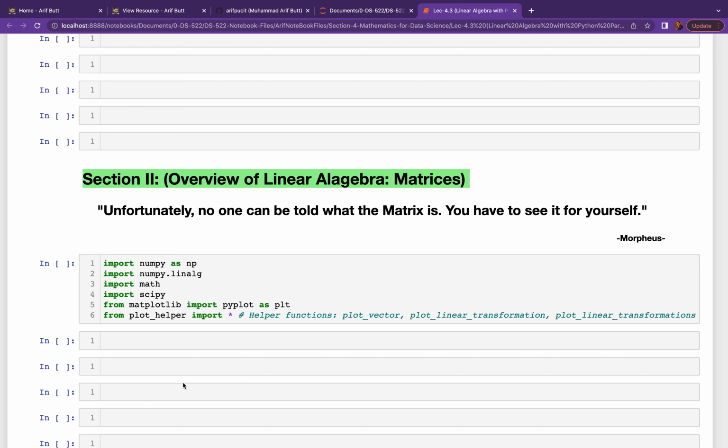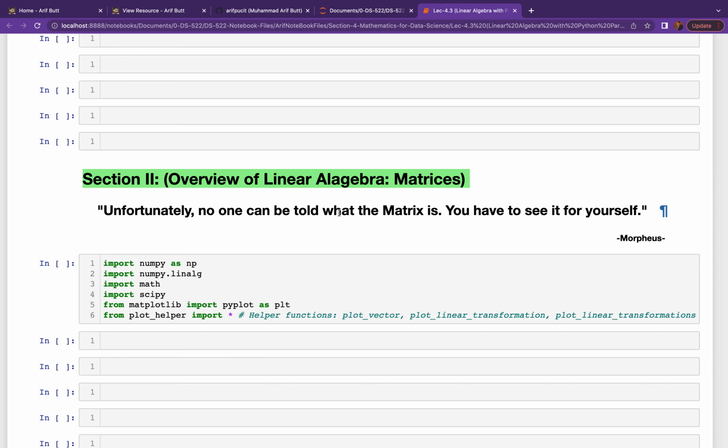We have understood the unit and basis vectors, their linear combinations, and the span of the basis vectors in the entire 2D space. My dear students, if you are not comfortable with these concepts, I strongly recommend that you watch and practice section 1 related to vectors before we move on to section 2, which gives a comprehensive overview of matrices.